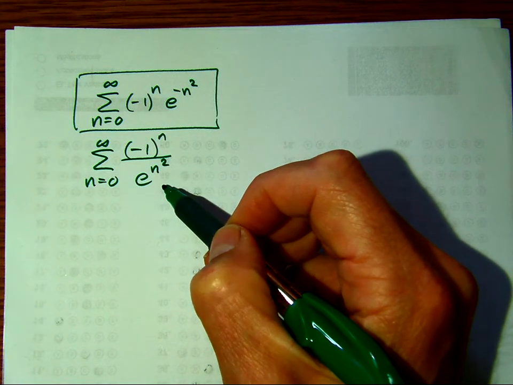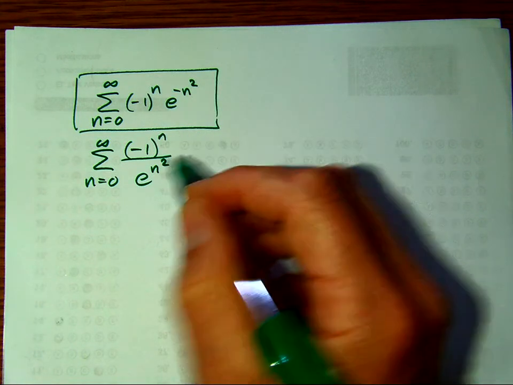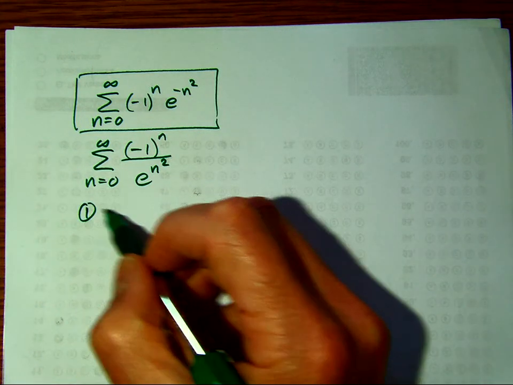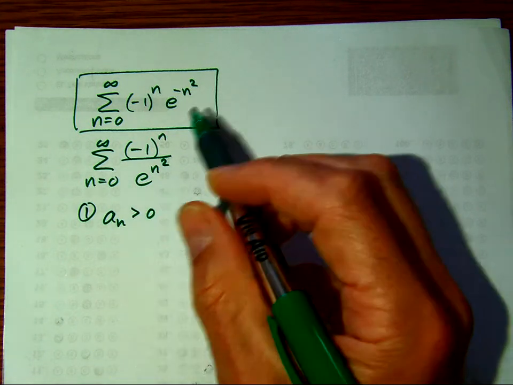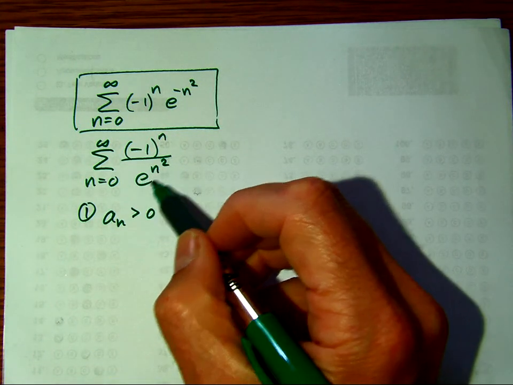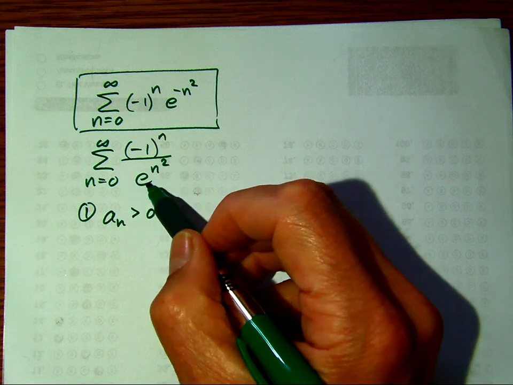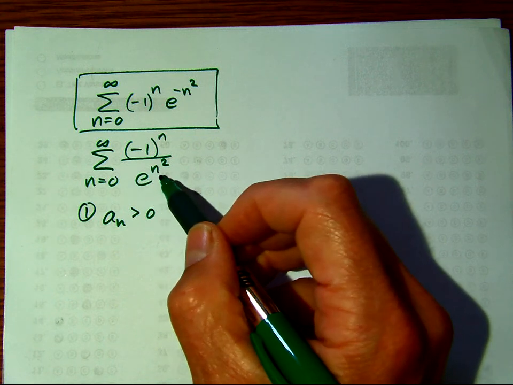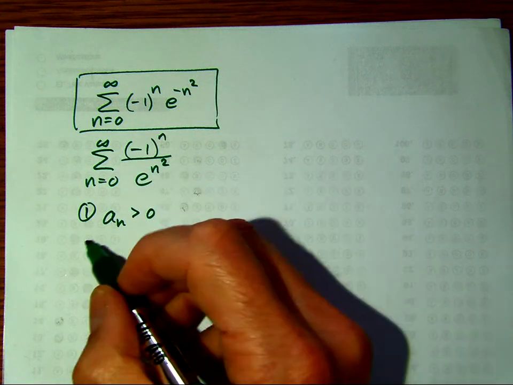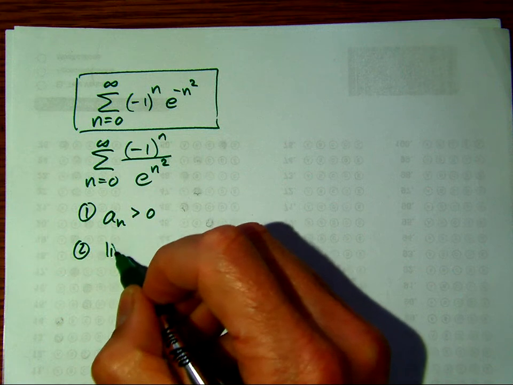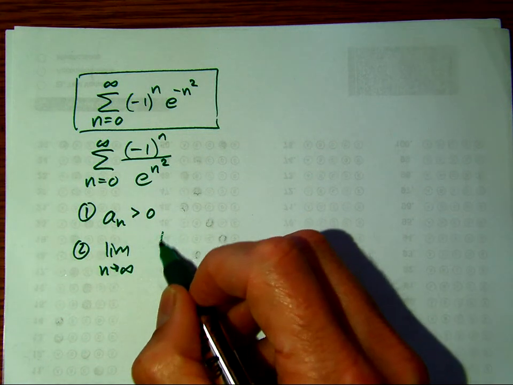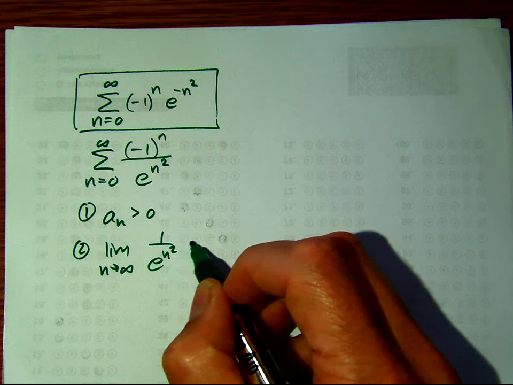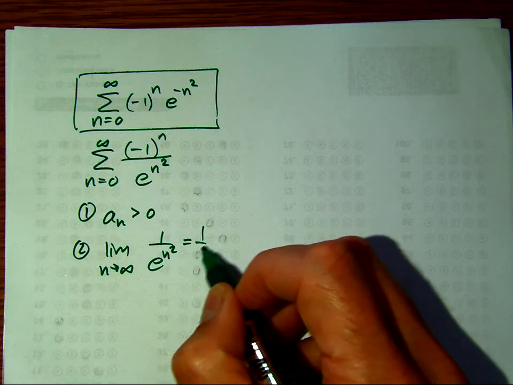And now we look at, is the sequence positive? A graph of the exponential will always be positive. So yes, it's positive. What's the limit as n goes to infinity of 1 over e to the n squared? The denominator goes to infinity, so that is 0.